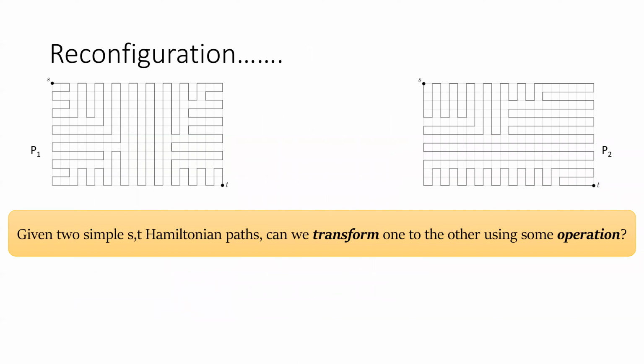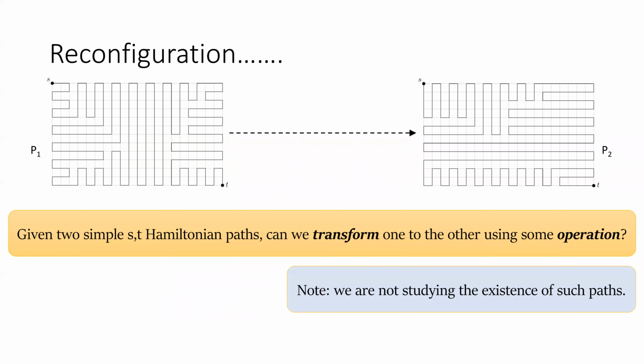Now the reconfiguration question. Given 2 simple ST Hamiltonian paths P1 and P2, we ask this question: can I go from P1 to P2 using some operation where each internal step would be also an ST Hamiltonian path? And please note that we are not studying the existence of such paths.